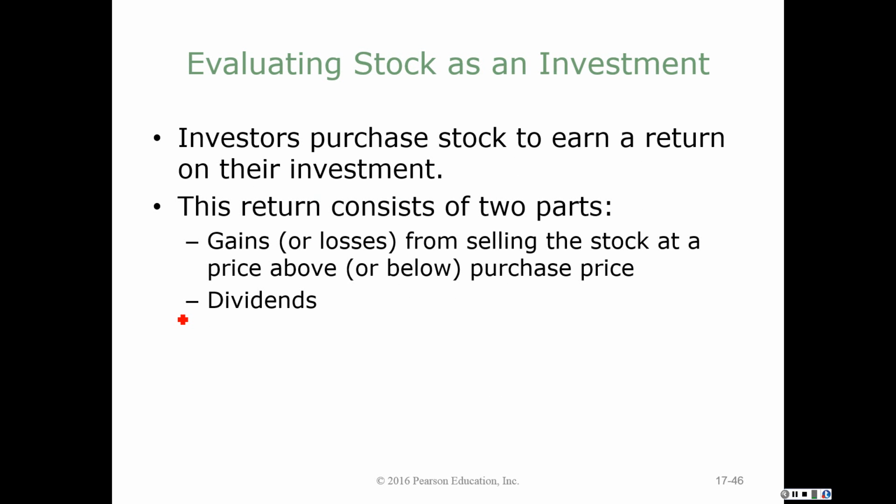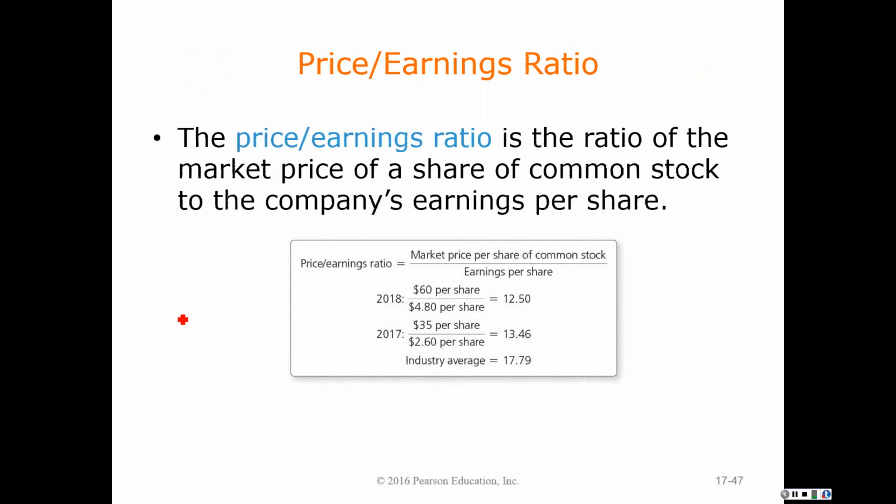Okay, we can look at a couple of other investment ratios. The PE ratio is the number one tool that's used here, which simply says, what is my market price divided by those earnings per share? And so we see, once again, 2017, 13.46 compared to 2018 of 12.5. Both of these, it is decreasing and it is lower than the industry average. But as I mentioned on the current ratio, think about what could change this ratio. What could make it decrease?